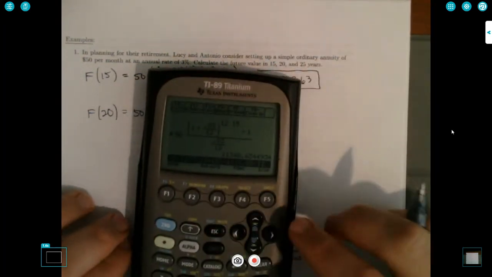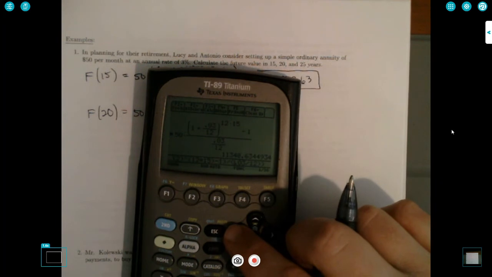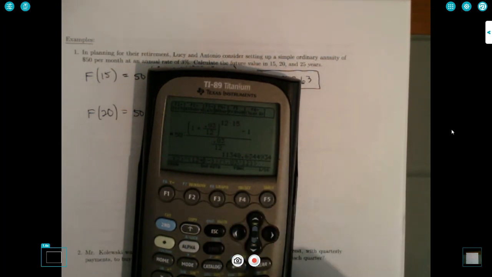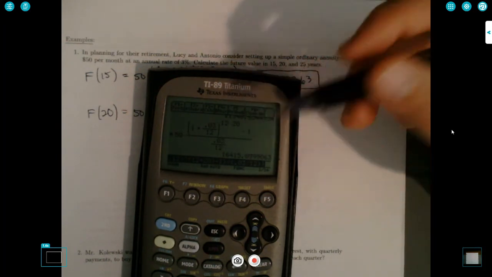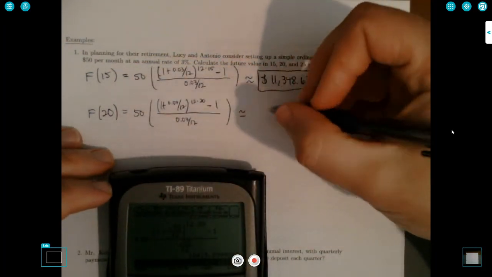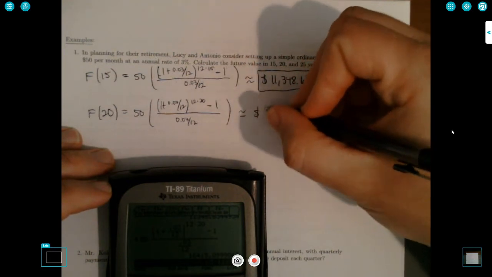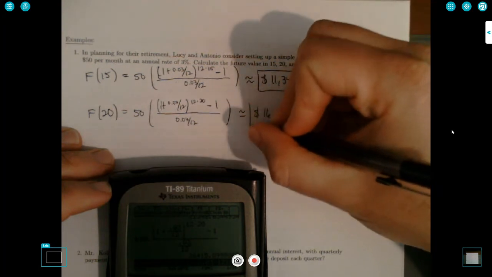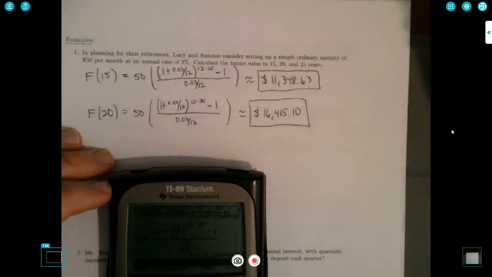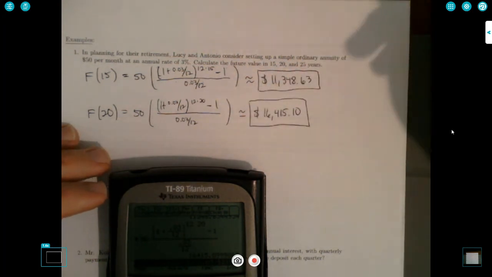And so in my calculator, I'm just going to change the 15 to a 20. That's approximately $16,415.10.